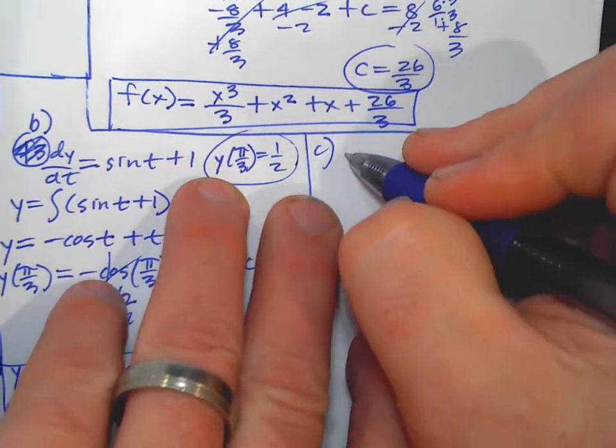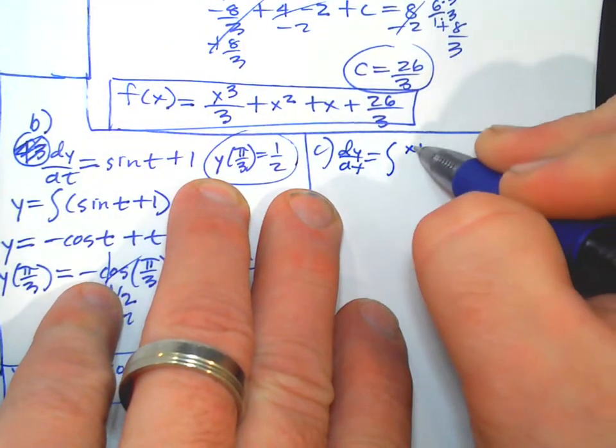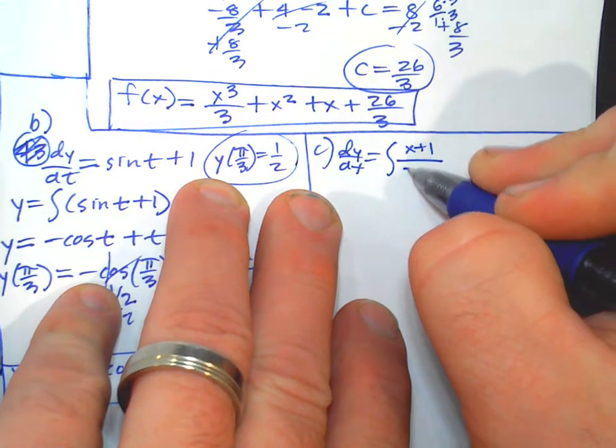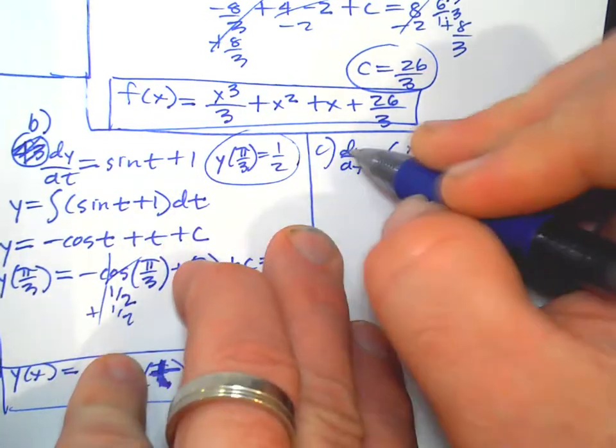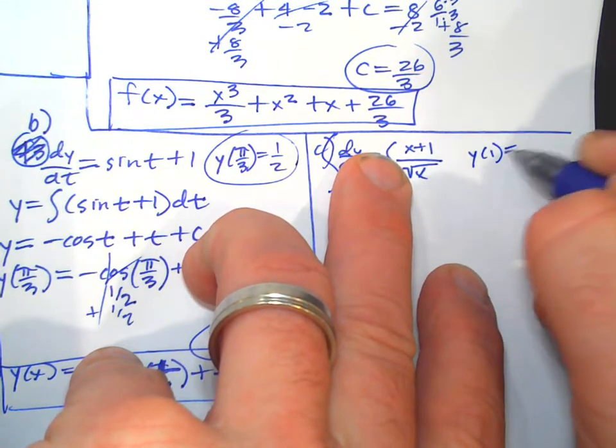All right, part C. They're giving you dy/dx equals (x plus 1) over square root of x, and then we're going to integrate both sides. Right? They're giving you y of 1 equals 0.